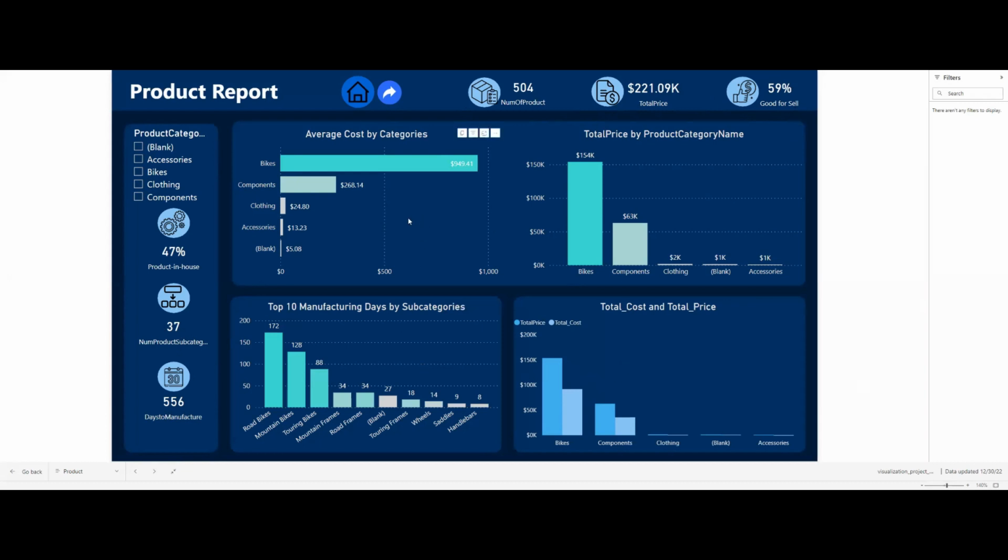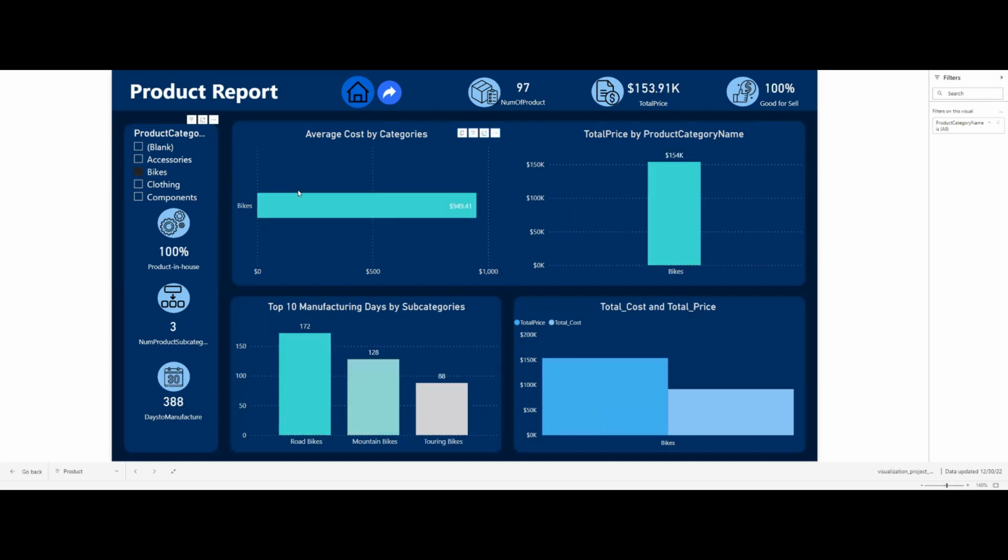And there are four charts. The first is average cost by category, total price, top 10 manufacturing days by subcategory name, and total cost and total price. To make it more useful, I already made a slicer that we can drag to see its category name, for example, bikes.